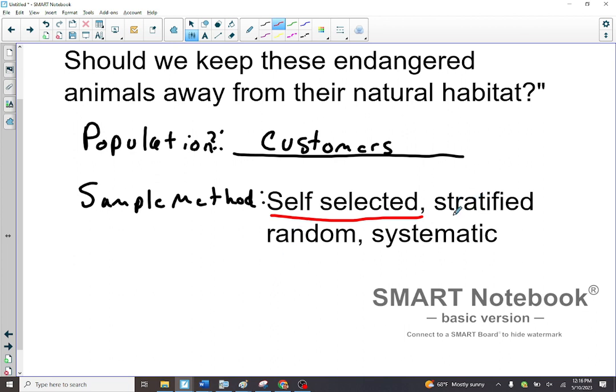All right, stratified random. Stratified random is random when you break it into groups first, then pick randomly from it. So the stratified random sample would be if I want to learn about, let's say, students, I'll break it up into grades first, then ask random kids from each grade.